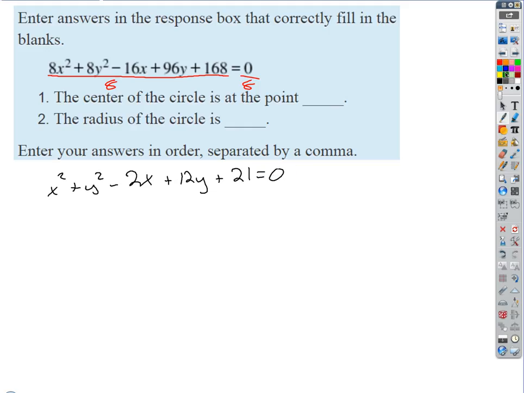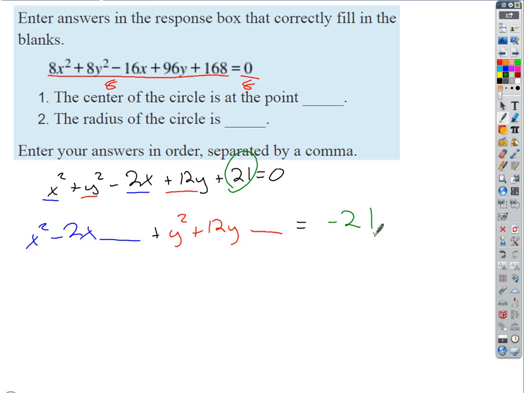Okay, so let's collect the x terms together, plus we'll collect the y terms together. y squared plus 12y, and we'll subtract the 21 over to the other side.